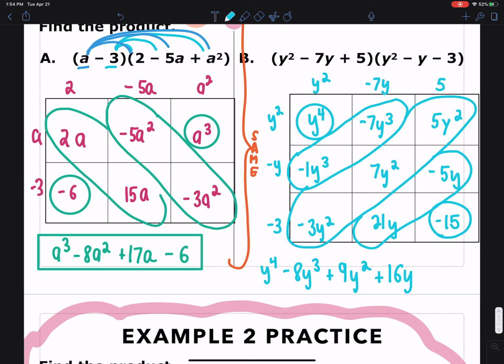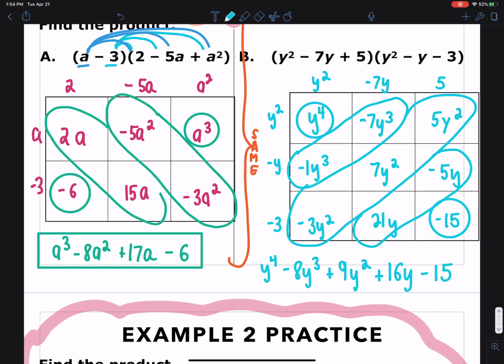And then again, last but not least, we're down to our constant, so minus 15 at the end. And there's our simplified polynomial when we multiply those two trinomials together. y to the fourth minus 8y to the third plus 9y squared plus 16y minus 15.